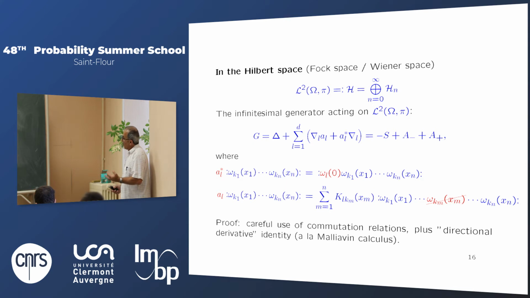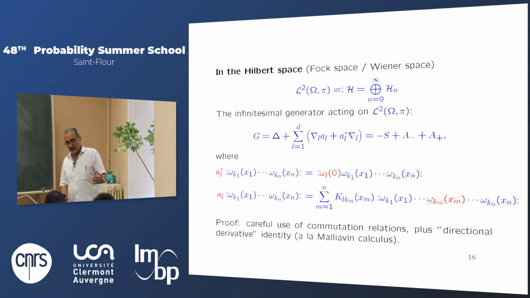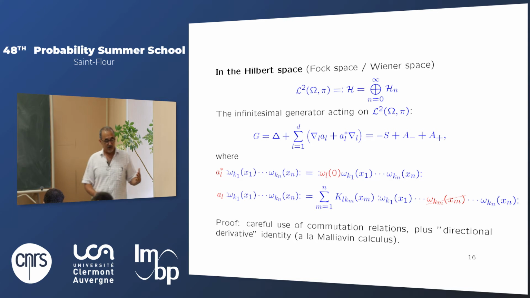Now some miracle comes, which I'm probably not able to explain here, but this is standard in a sense, that in L2, in Gaussian Hilbert spaces, you can do computations. You have these multiplication operators expressed as annihilation operators and creation operators.